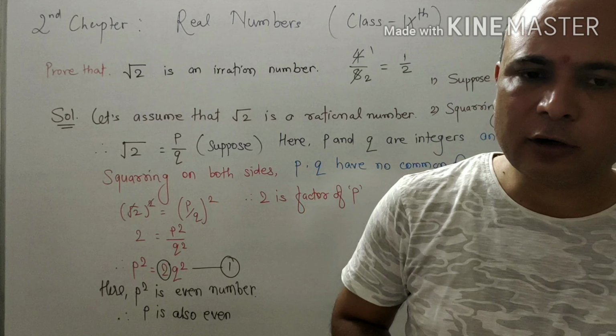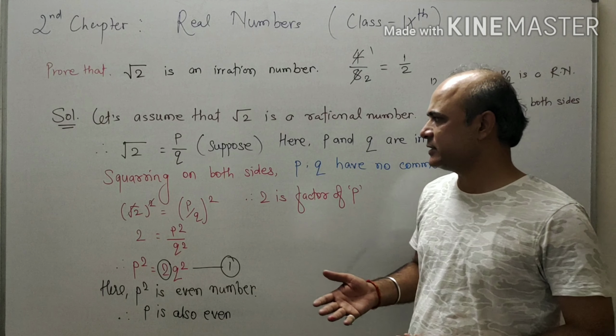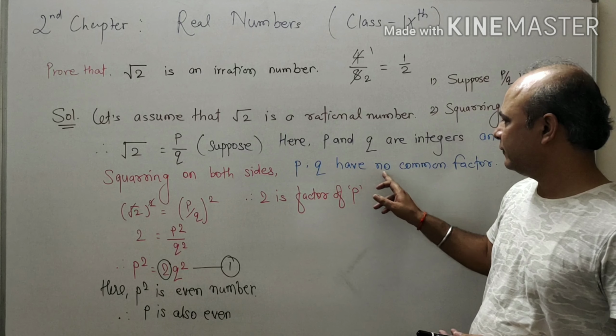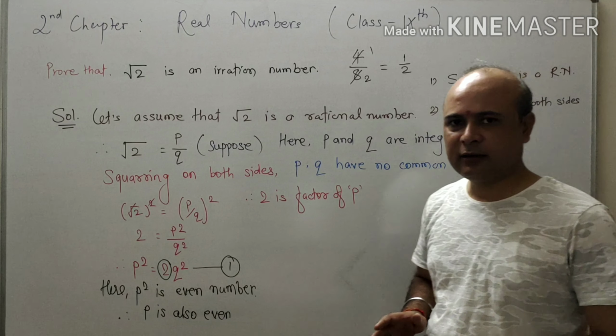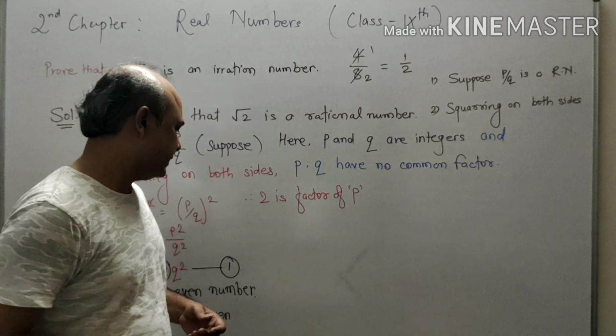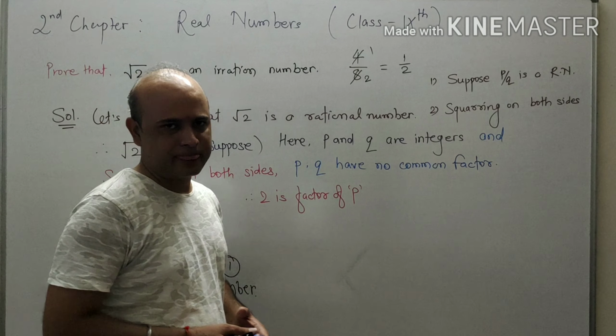So 2 is a factor of p, and already we have supposed, what assumption did we make? That p and q have no common factor. But here it is very clear that 2 is a factor of p.